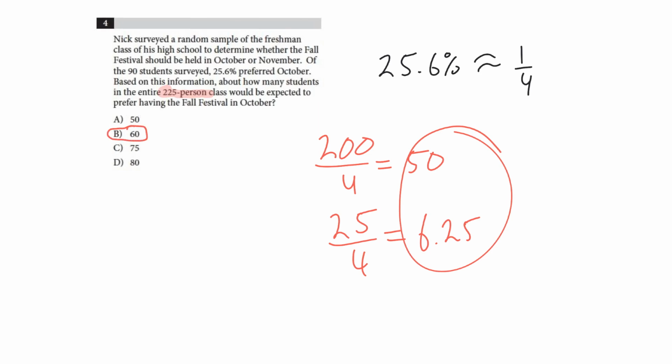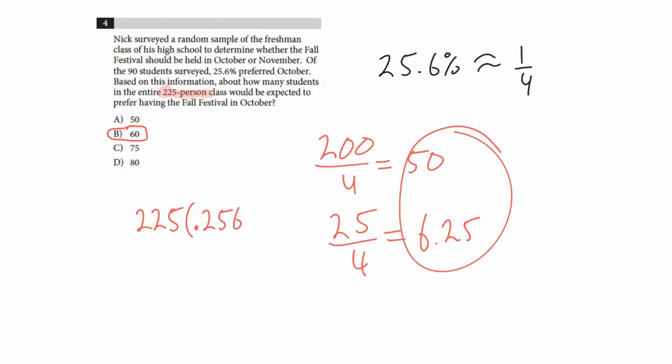Another way to think about this, since this is the calculator section, is that you have 225 people, and you multiply that by 25.6%. You've got to write it as a decimal, so it's 0.256.